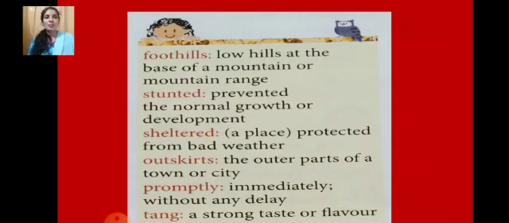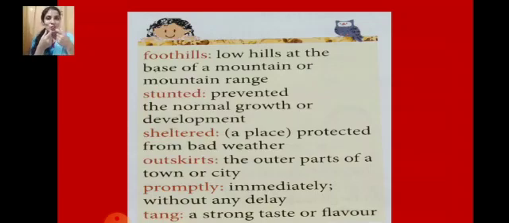Stunted: prevented the normal growth or development. Sheltered: a place or means protected from bad weather. Outskirts: the outer parts of a town or city. Promptly: immediately, without any delay, or quickly.